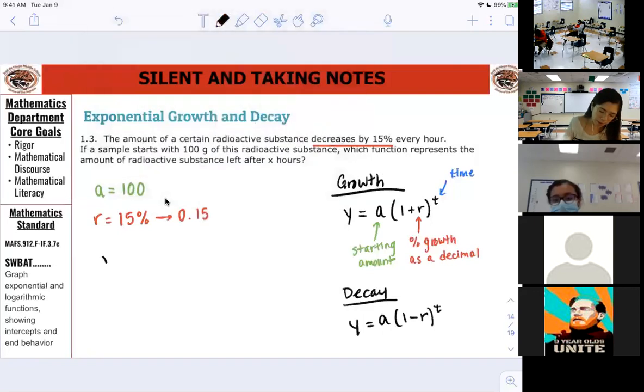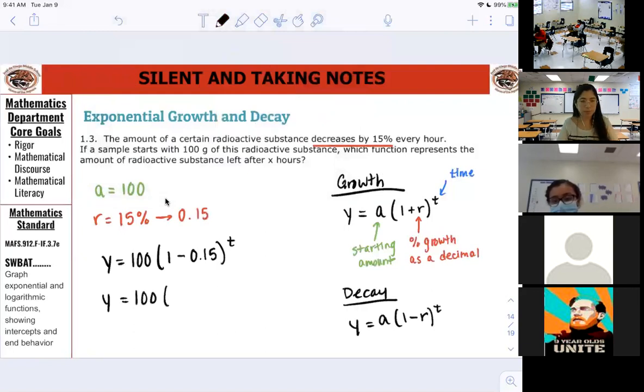So this would be y equals 100 times (1 minus 0.15) to the power of t. And what is 1 minus 0.15? 0.85.